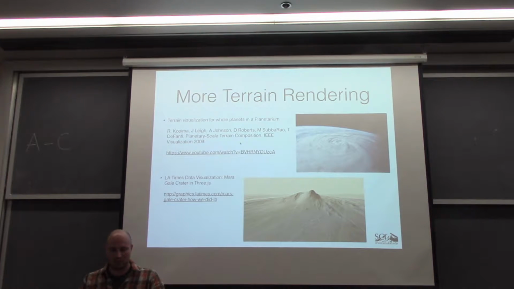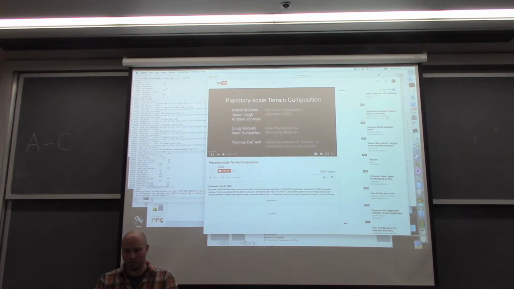Some collaborators of mine at EVL, Jason Lee and his group, had a real-time terrain visualization system for whole planets that they implemented in the planetarium in Chicago. So I can give you a quick YouTube video of that.